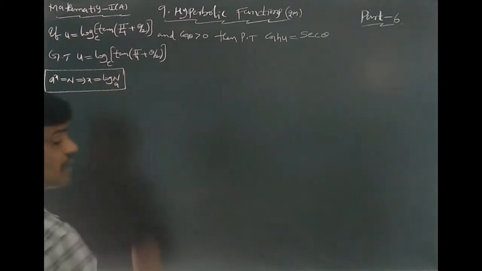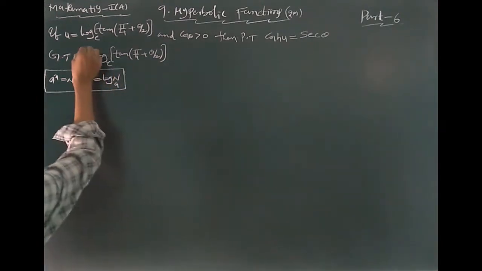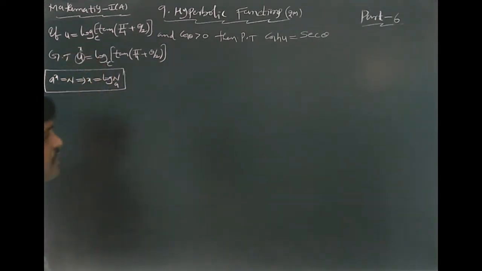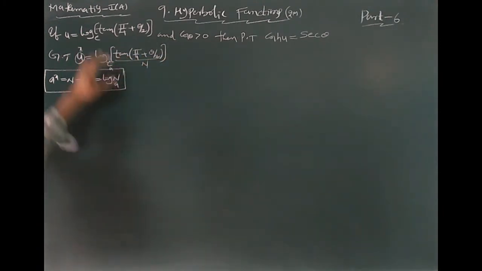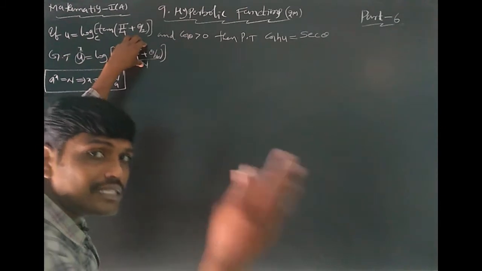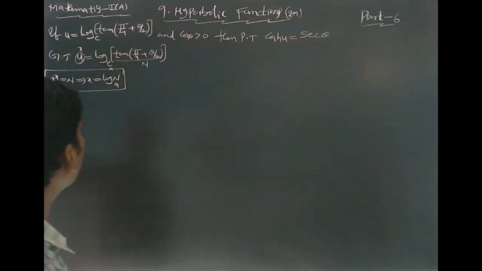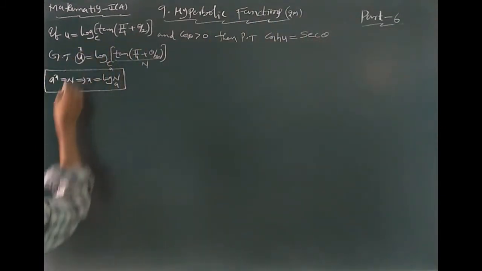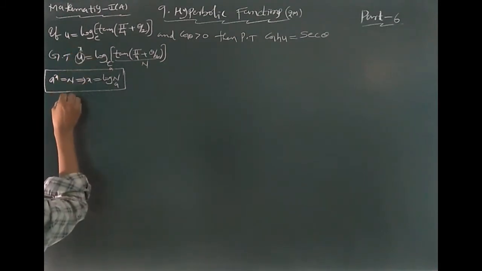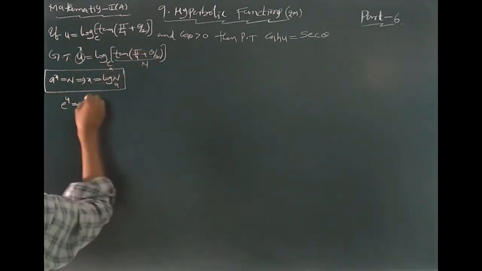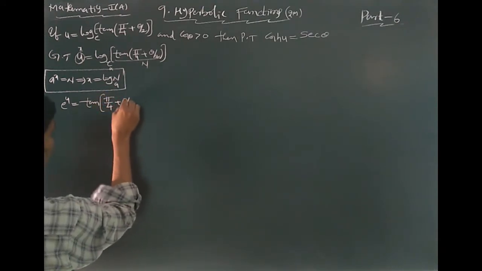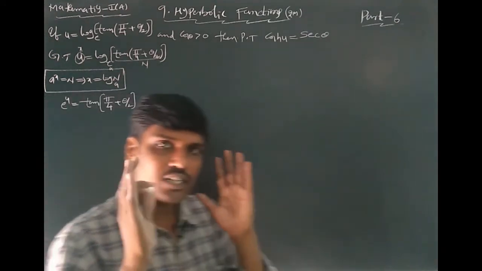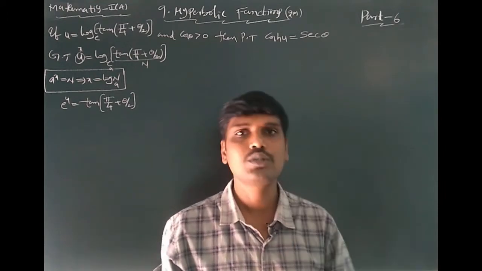In this formula, x is u, n is the total value inside the log, and a is e. Converting this logarithmic form to exponent form, e power u is equal to n, where n is tan of pi by 4 plus theta by 2. Understood or not, students? This is the way you can do the problems.